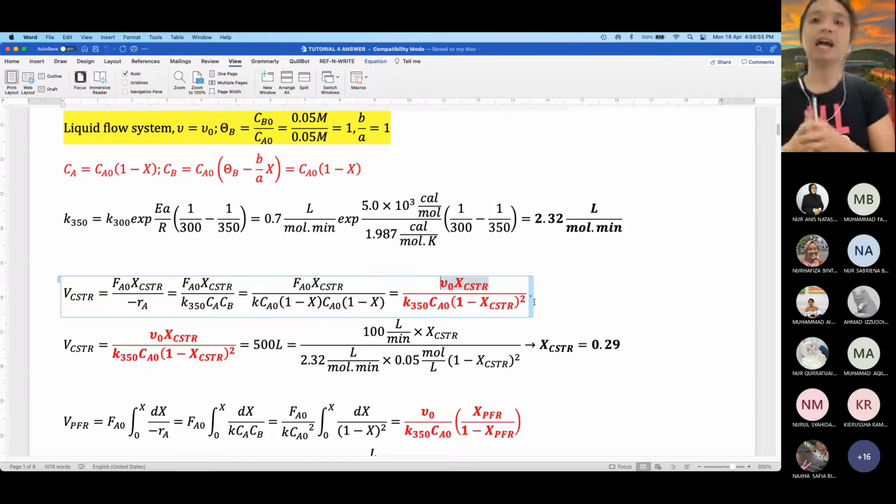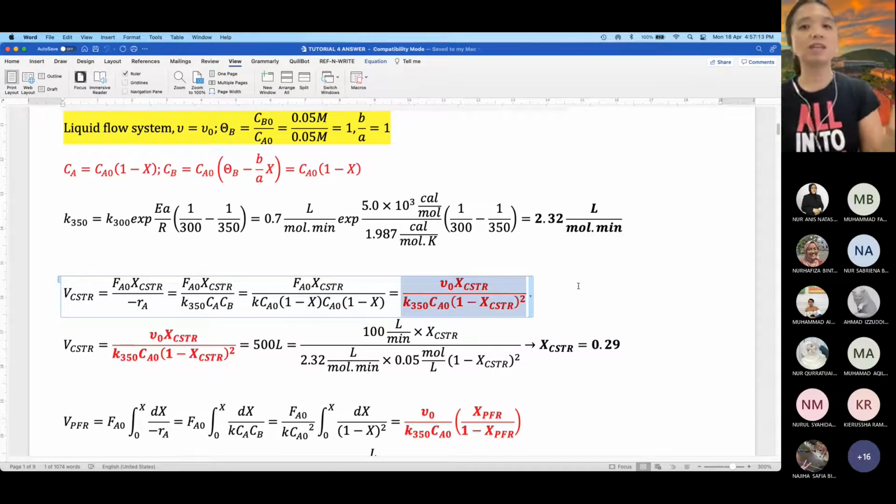In this case, I use the second version of the equation because we are given epsilon naught in the question. Sebabkan soalan kita given the initial volumetric flow rate epsilon naught, so I use the version yang ada epsilon naught. Okay, so later or now, if you have the notes with you, kamu tengok CSTR liquid rate law minus rA equals K CA CB. Basically, this is the equation that you will find and you will use to solve the problem.